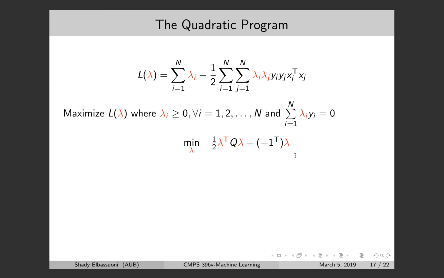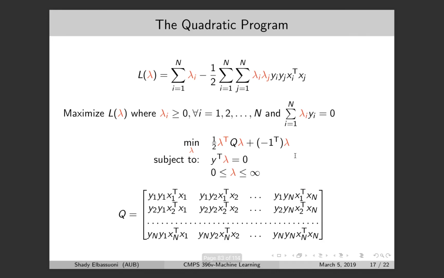And what is the Q matrix? It's this matrix: y1 y1 x1 transpose x1, y1 y2 x1 transpose x2, and so on. So it depends entirely on the training data. I can construct this matrix from the training data, similar to when we constructed the pseudo-inverse in linear regression.